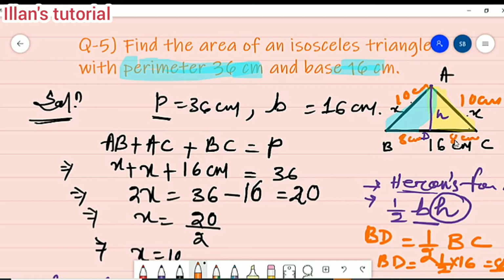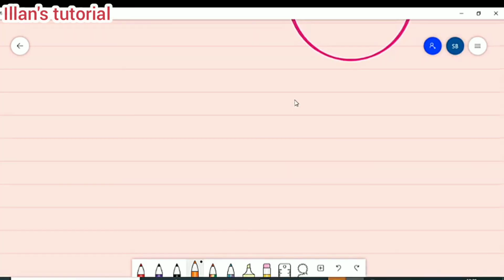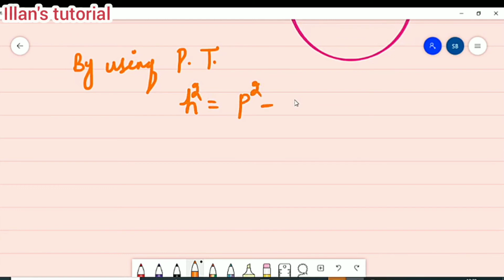So here we have AB and BD, and we have to find the value of H, that is AD. By using the Pythagoras theorem, we know h square equals b square plus p square.